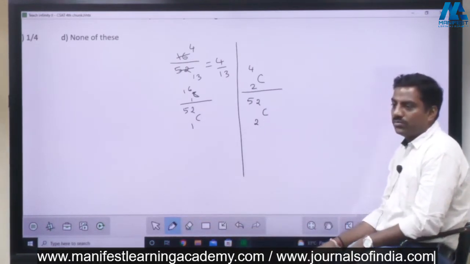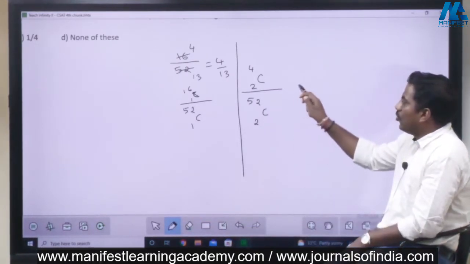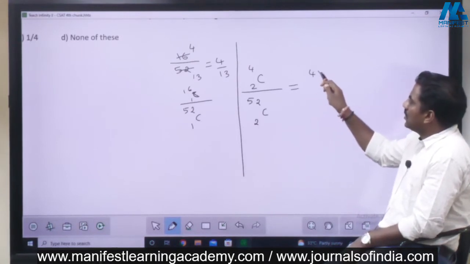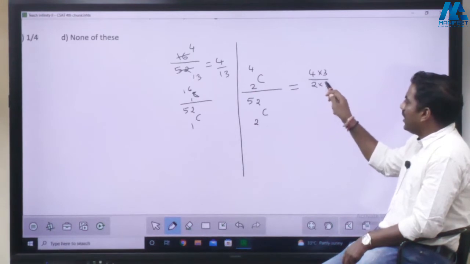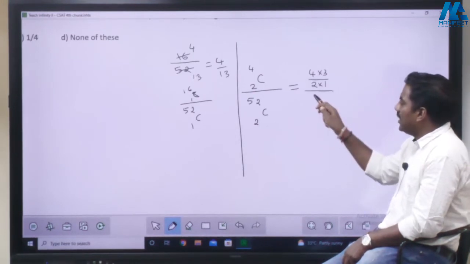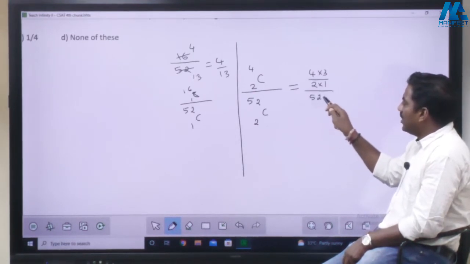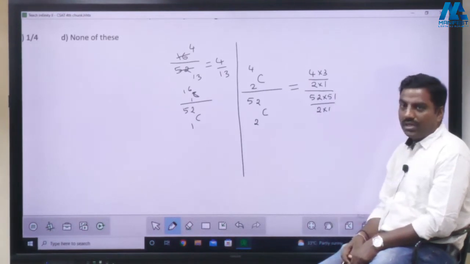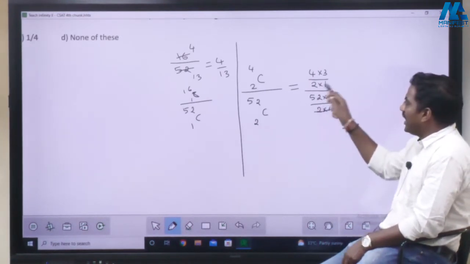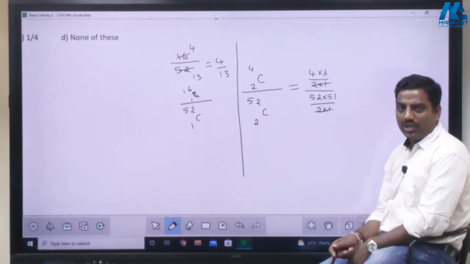4 C2: start with 4, stop after 2 entities, and in the denominator write 1 into 2. In the denominator, again 52 into 51 divided by 2 into 1. Actually, we can discard this 2 into 1 and 2 into 1 in the initial phase only.